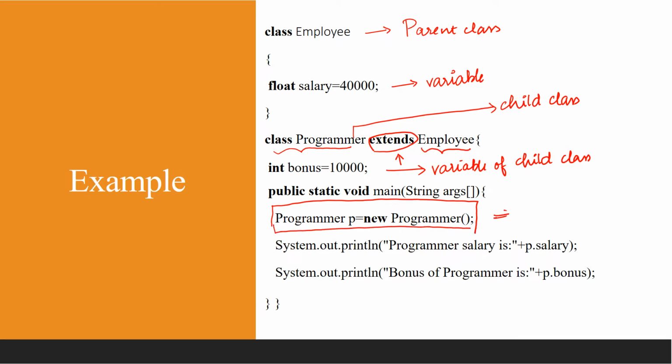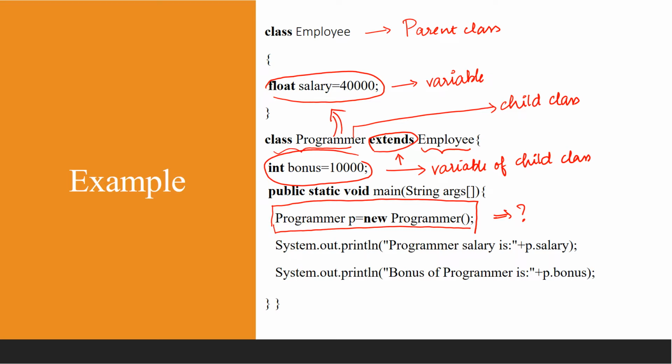Why are we creating an object for the child class? Because if we create an object for the child class, we'll be able to access both the variable of the child class and also the variable of the parent class, since the child class inherits all the variables and methods of the parent class using this extends keyword.